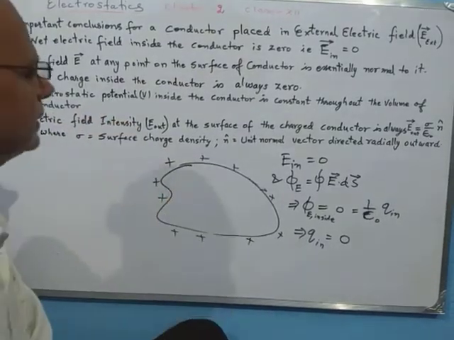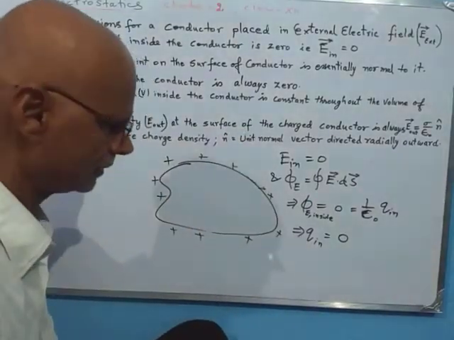Now, electrostatic potential inside the conductor is always constant.